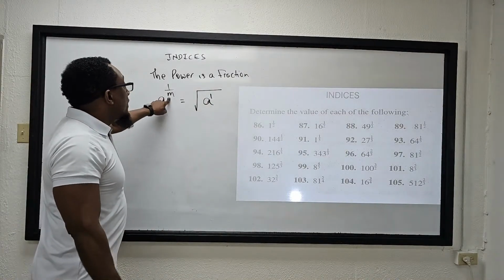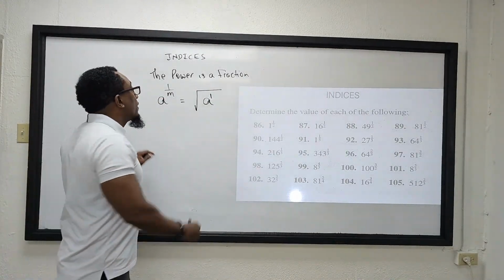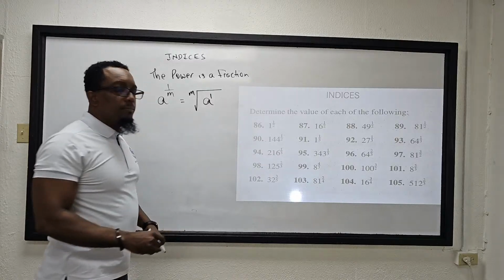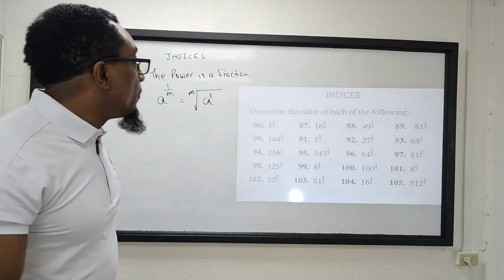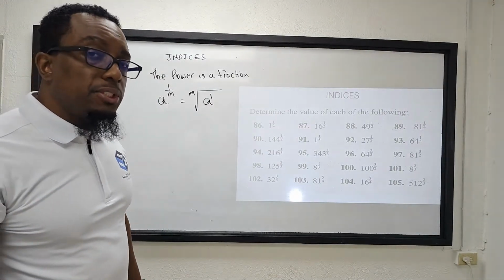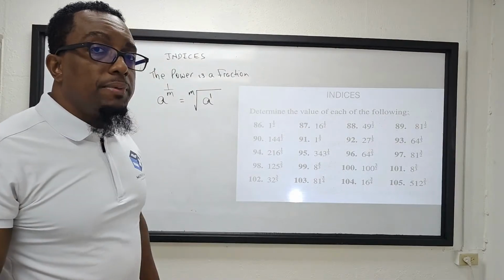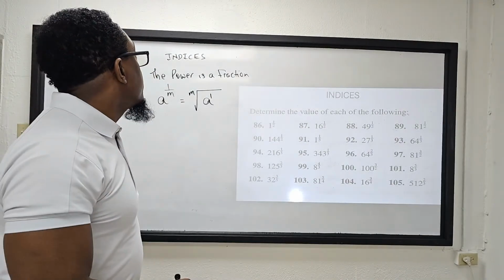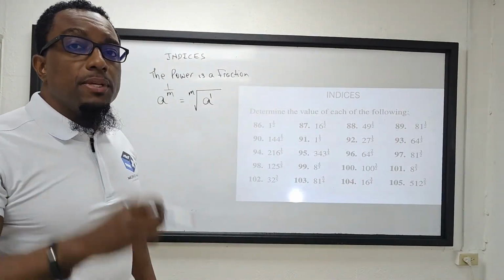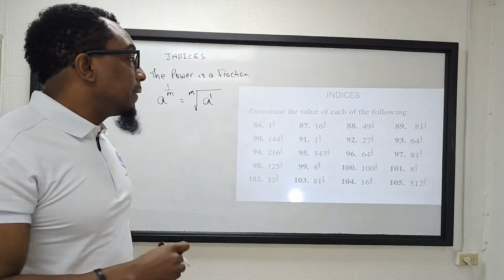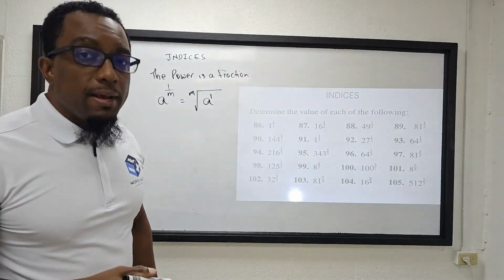And the denominator becomes the order of the root. Very important. So 1, the numerator of the fraction, becomes the power of the base a, and the denominator of the fraction becomes the order of the root, whether it's square root, cube root, fourth root, whatever.